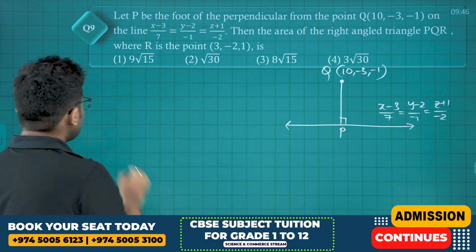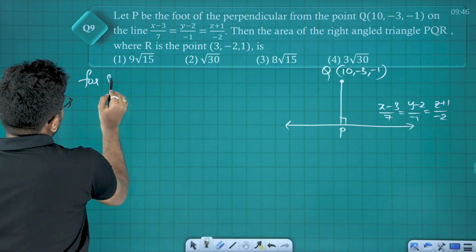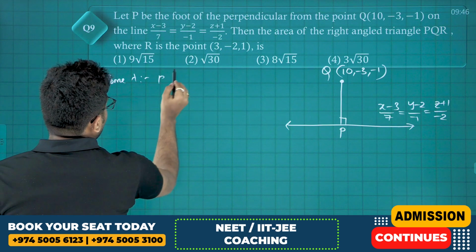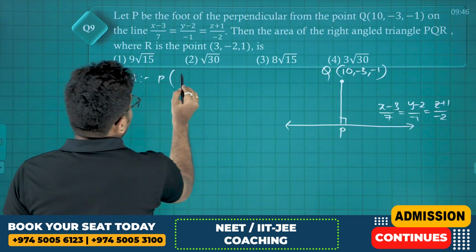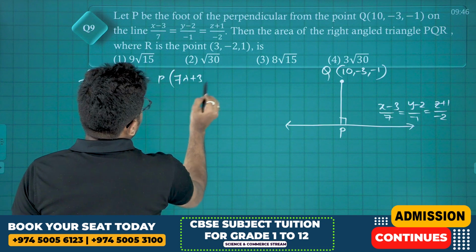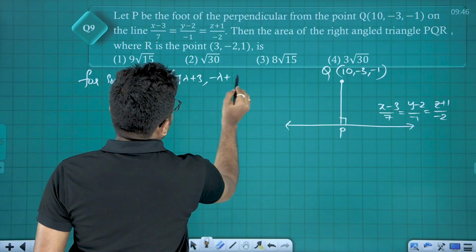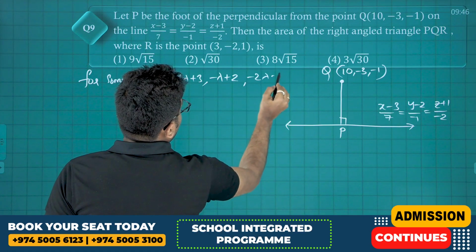So for some lambda, same story. Coordinates of P will be (7 lambda plus 3, minus lambda plus 2, minus 2 lambda minus 1).